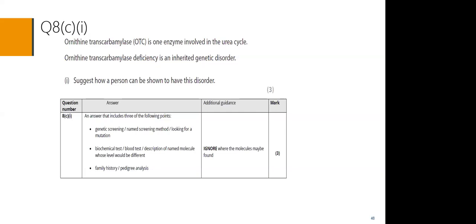This is the last question that we're looking at. So if you put your marks into the chat box.